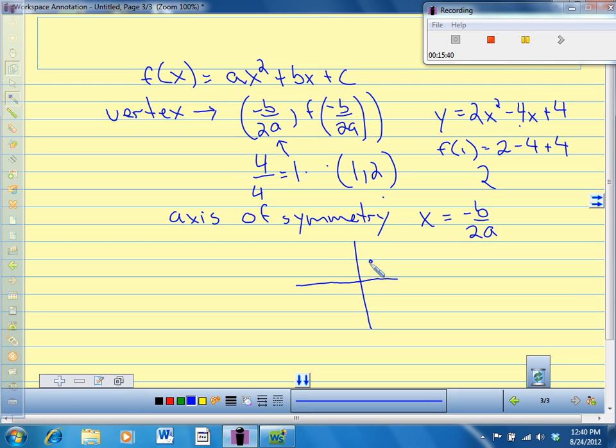I know it's right side up, and it has a y-intercept that looks like a 4. So it's going like this. And the axis of symmetry comes down here, and let's change colors, and cuts this graph in half like that through the vertex, right? It should be straight. And so the equation is x equals 1.